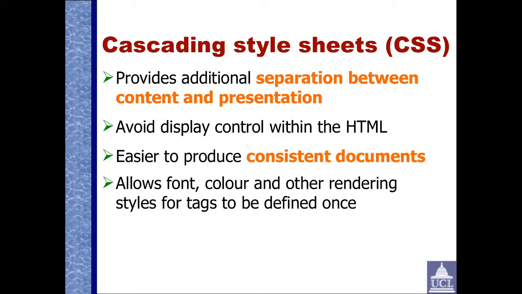So the markup within the HTML becomes partially semantic in nature. In other words, we just use things like P for a paragraph, rather than P for a paragraph and then a font and then specifying that we want it to be 16-point bold Helvetica or whatever.